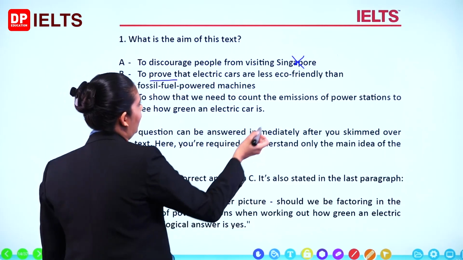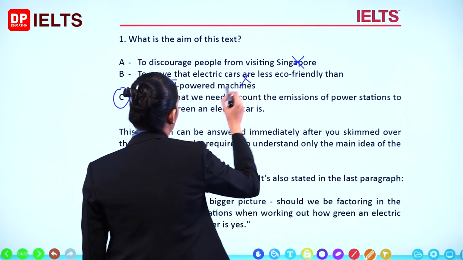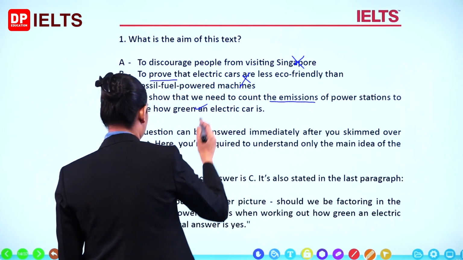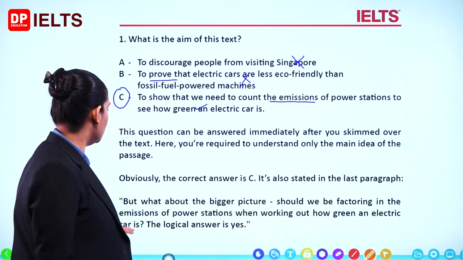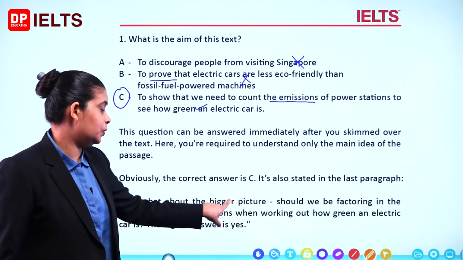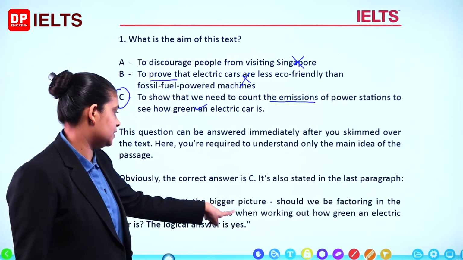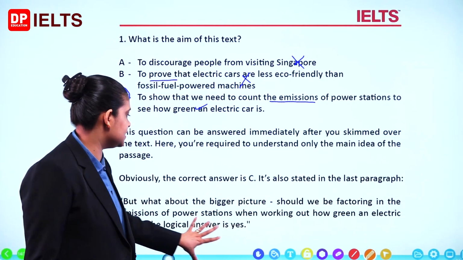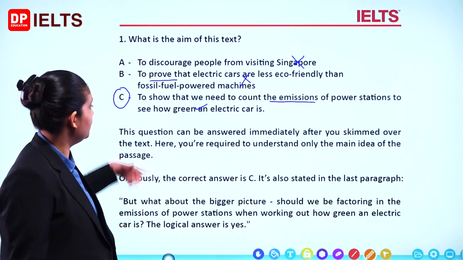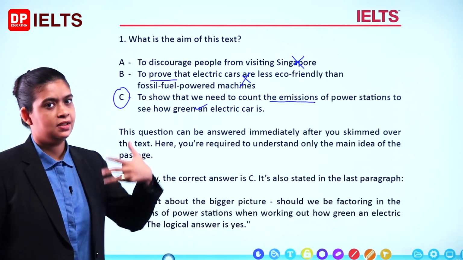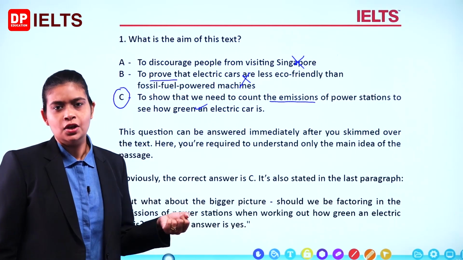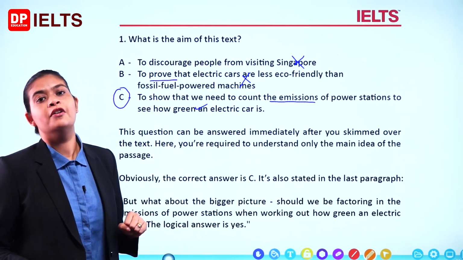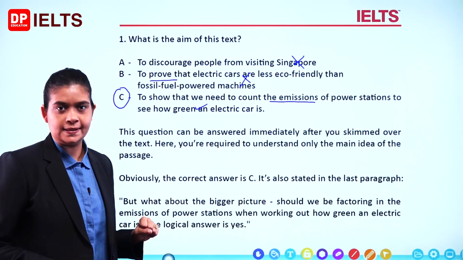So it wasn't about being less eco-friendly, no, but we need to count the emissions of the power stations, yes, so definitely C. But what about the bigger picture? Should we be factoring in emissions of power stations when working out how green an electric car is? So the logical answer here is yes, right? But it also tells you what the overall understanding is. So if you skim read, you can see how easy it is for you to find most of the answers like this.